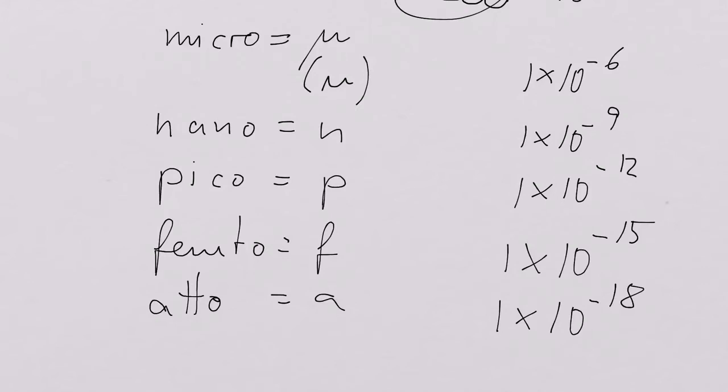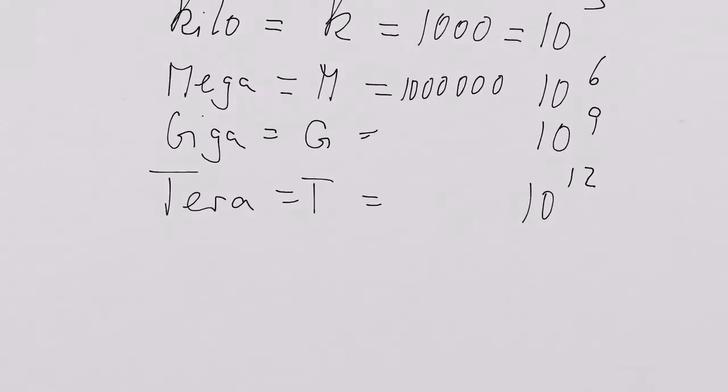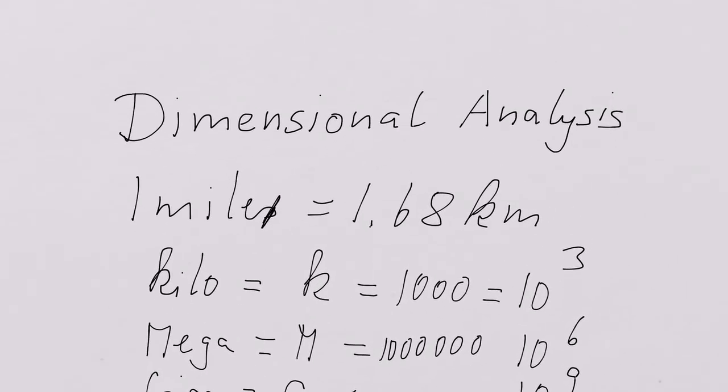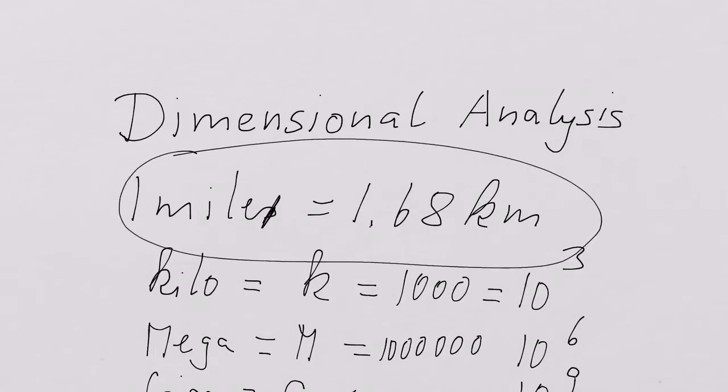Okay, so let's go back to our problem. 1 mile is 1.68 kilometers. Let's say I want to convert 5 miles equals how many kilometers?